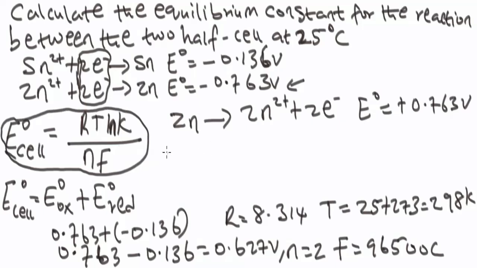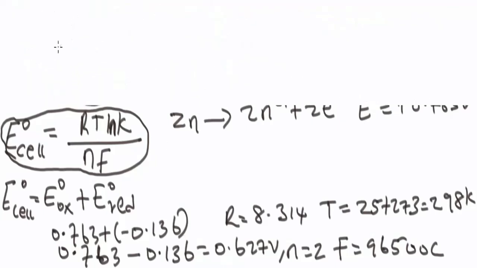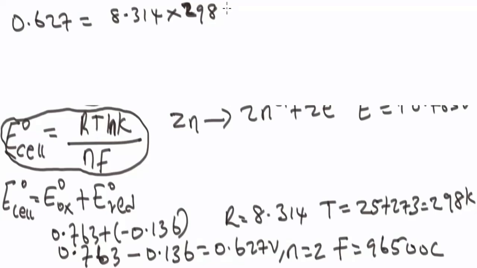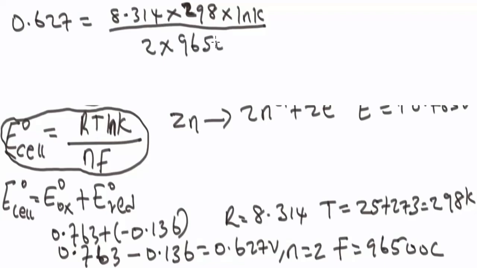So when you put it, you're going to have the cell potential 0.627 equals, and the gas constant is 8.314, then times temperature is 298, then times ln K over the number of moles, 2, times the Faraday's constant, 96,500 coulombs.